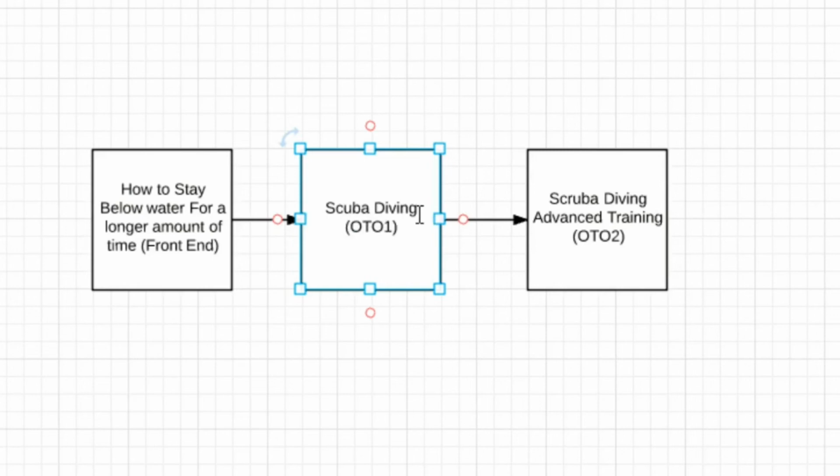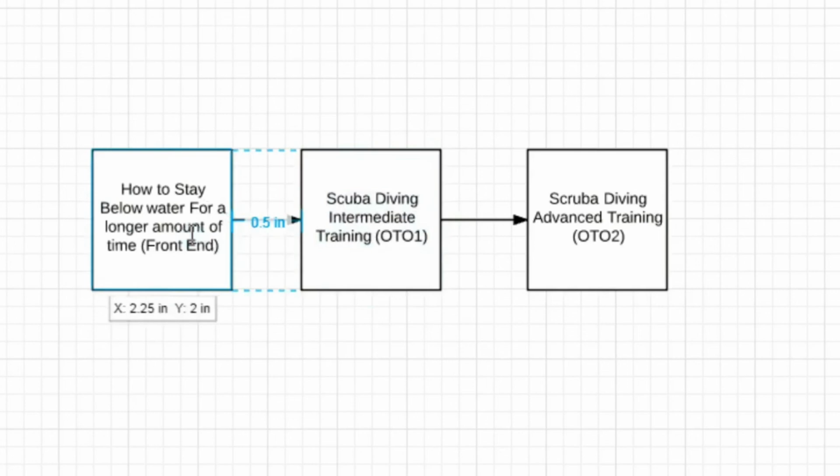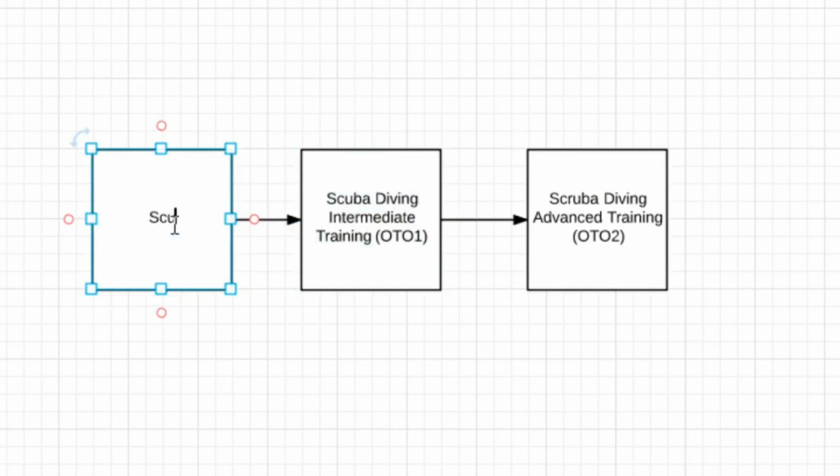So maybe OTO1 could be scuba diving, not basic training, but maybe intermediate training. And then at that point, the front end offer could be scuba diving basic training.